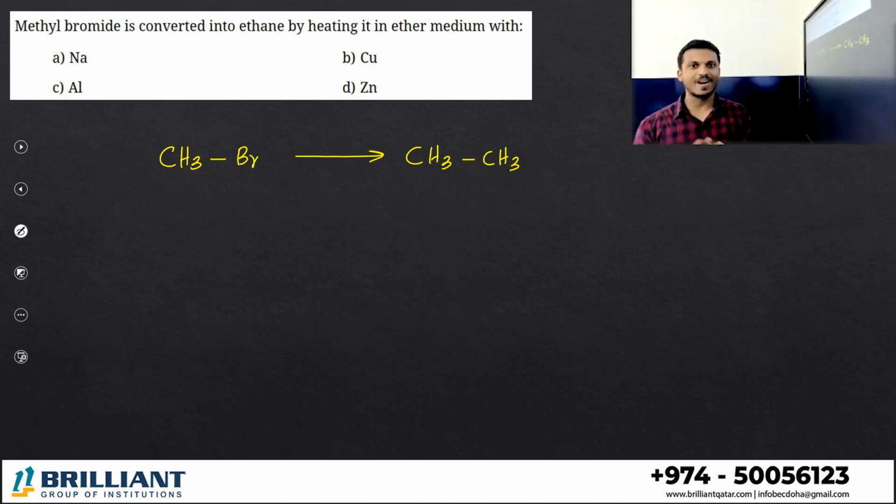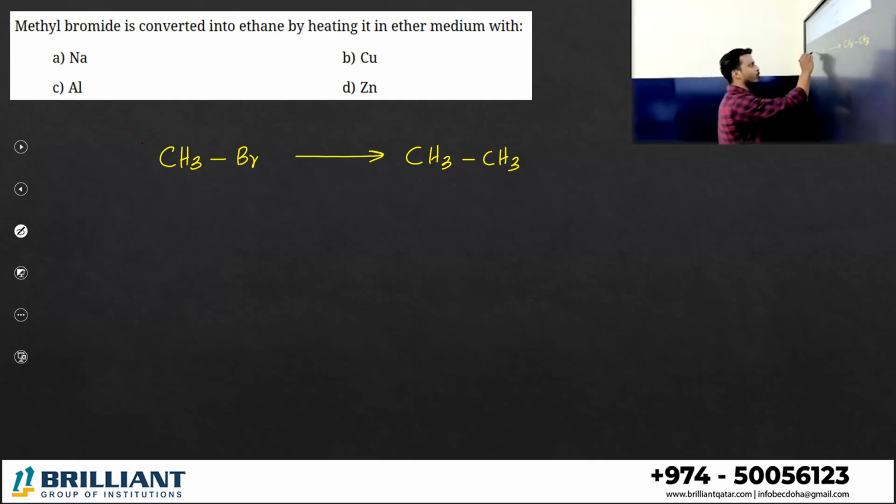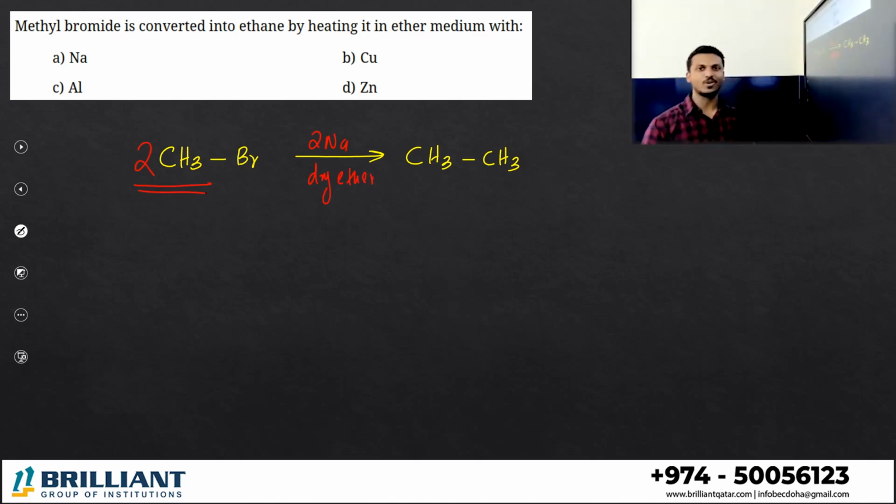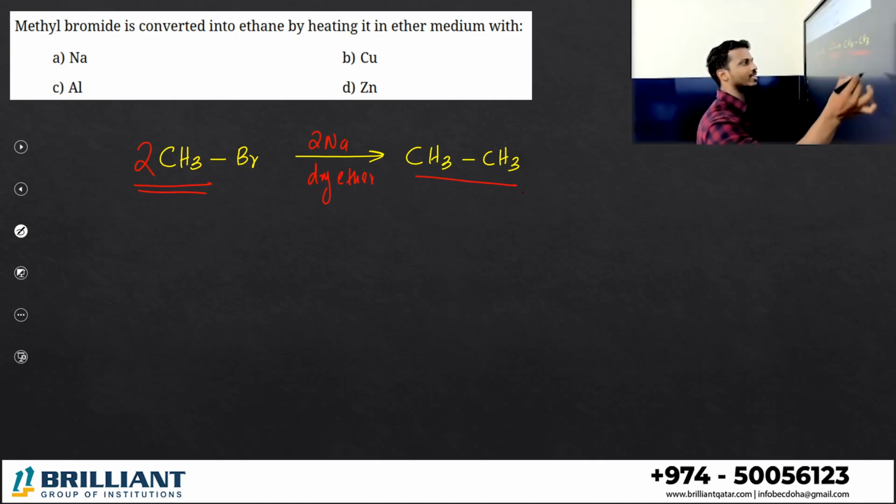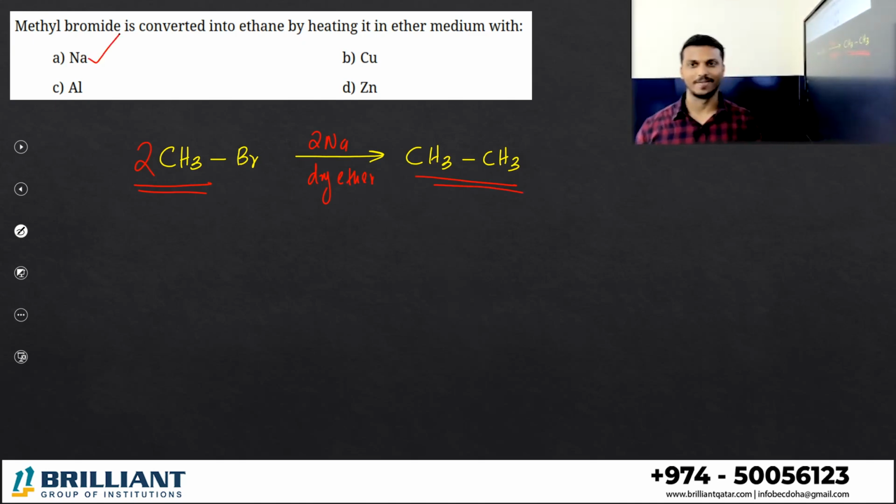If you want to double the carbon, which reaction? Wurtz reaction, correct? We will take the same two molecules and treat them with 2 sodium metal in presence of dry ether. The CH3 groups will combine together, you will get ethane. So what is this called? Wurtz reaction. The metal preference is for sodium.